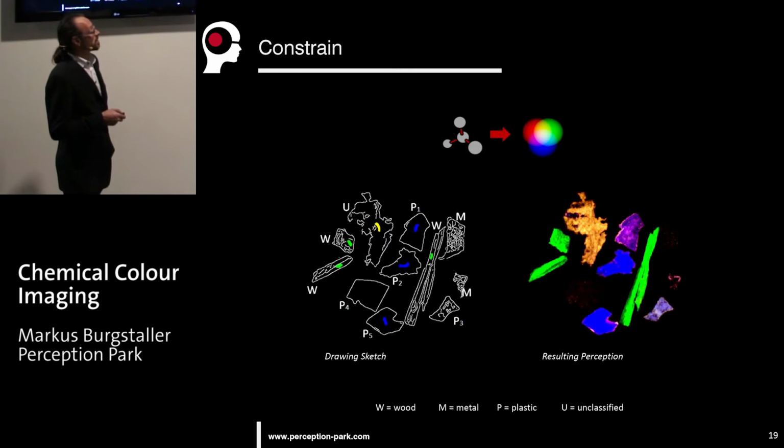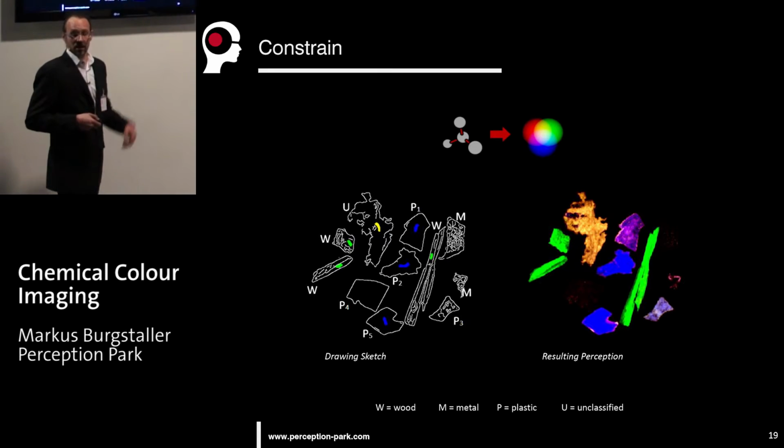These polymers are really similar. They get blue. The wooden one is green, so that's like we expect. What's interesting is this polymer gets magenta. That means it is bluish and it is reddish. That means it must have something in common with that, and that has something in common with that.